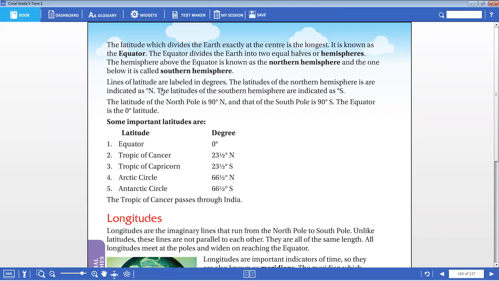The latitude at the North Pole is denoted as 90 degrees north.